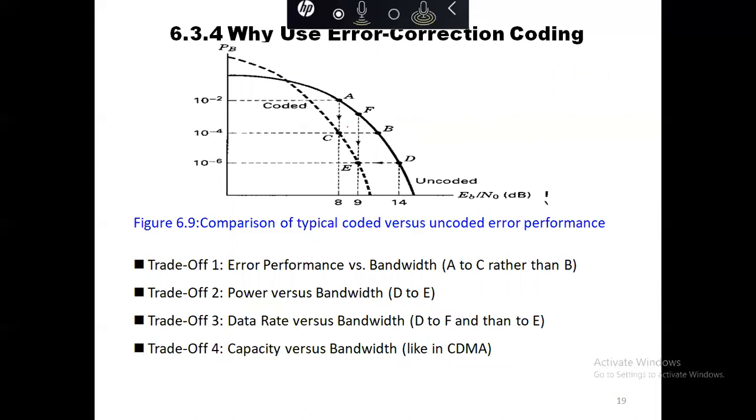So there are several trade-offs in error correction coding. Generally, there is a hidden property, which is the bandwidth, which cannot be visible here, but you can generalize that the error performance of the code can be achieved by increasing the bandwidth of the transmitted data.